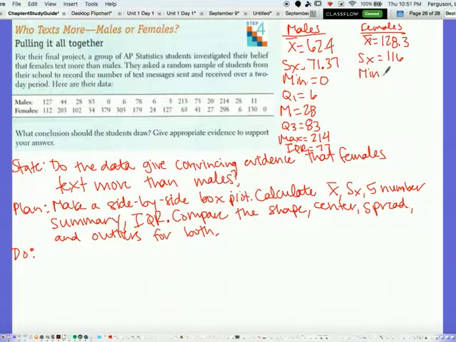I'm going to give you your 5-number summary and your IQR. So your minimum for females would be 0, your Q1 would be 34, your median would be 107, your Q3 would be 191, and your maximum would be 379. Your IQR would be 157.